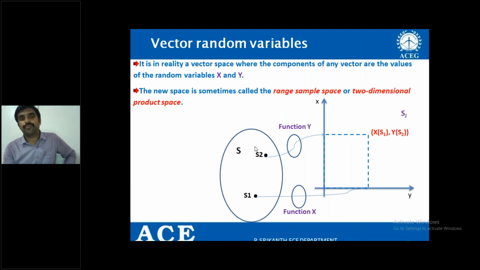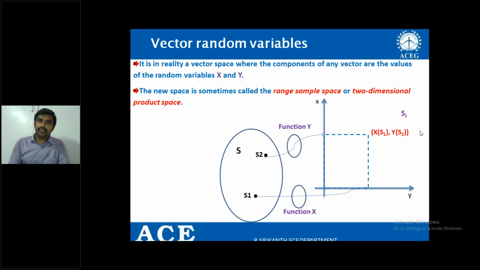For example, S2 is the sample space of one experiment, one random variable is defined as Y and another as X, and the combined random vector can be represented as X of s1 comma Y of s2. This plane, having all such points, is called the range sample space or two-dimensional product space.